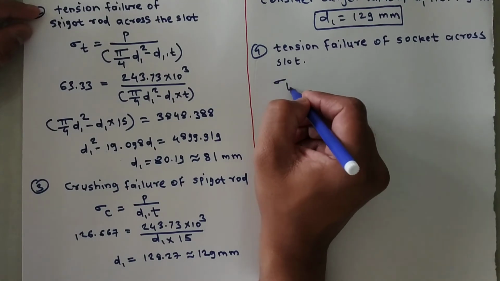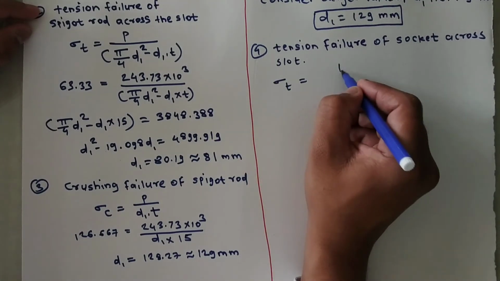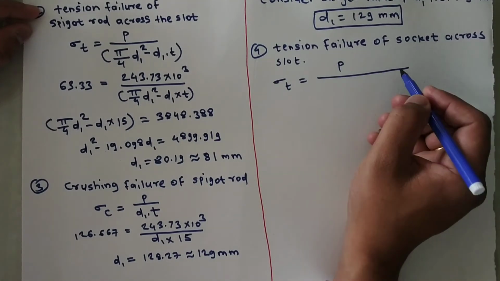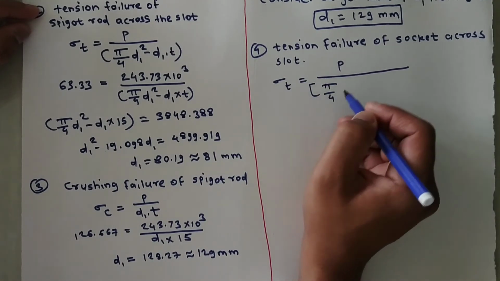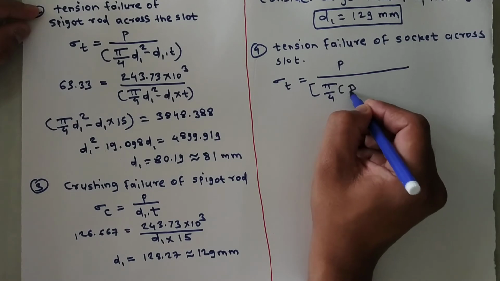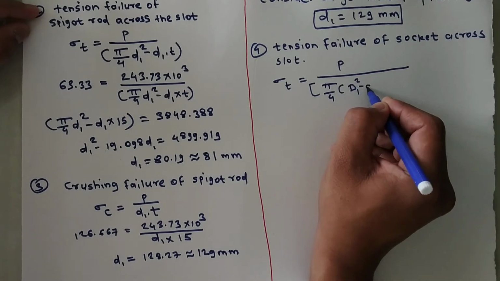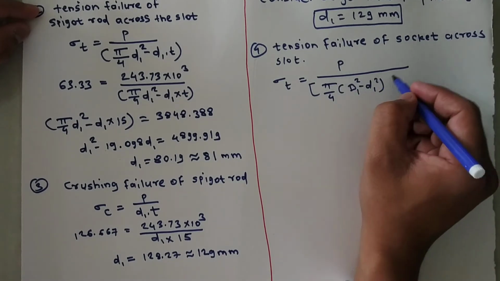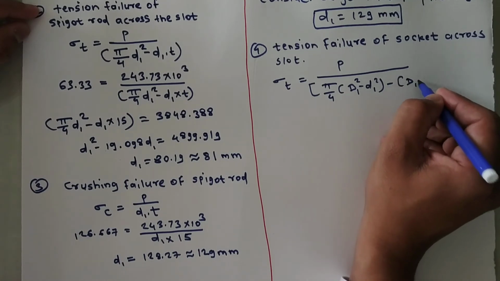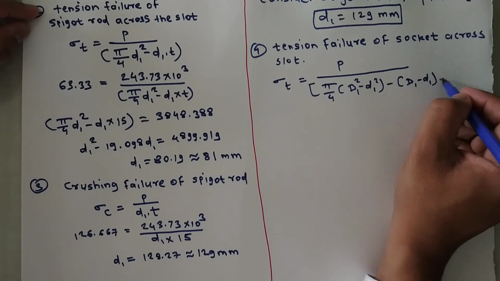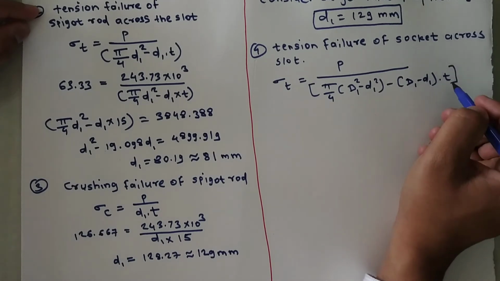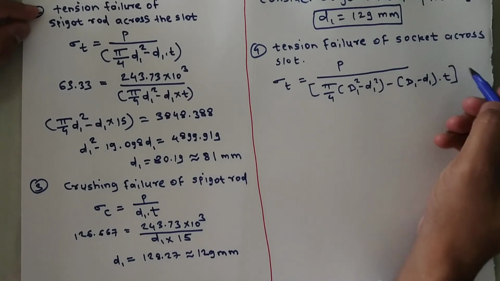So the equation for this is sigma t is equal to P, the tensile force, divided by area. Now here the area is pi by 4 capital D1 square minus small d1 square, minus capital D1 minus small d1 into t, the thickness of the cotter.